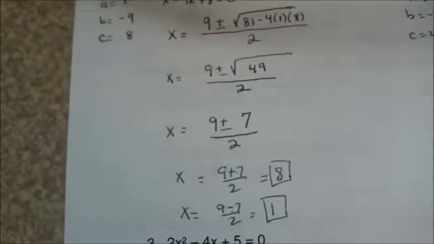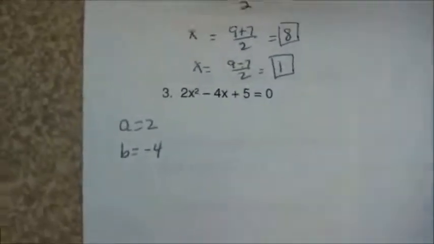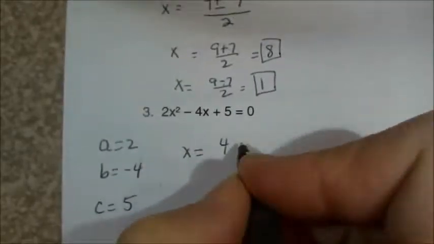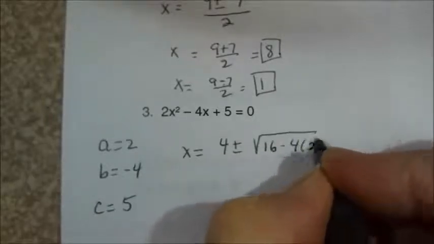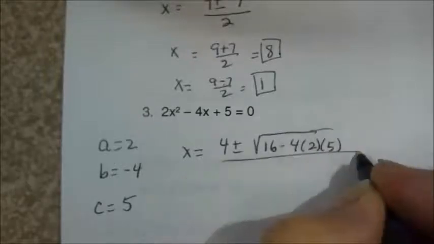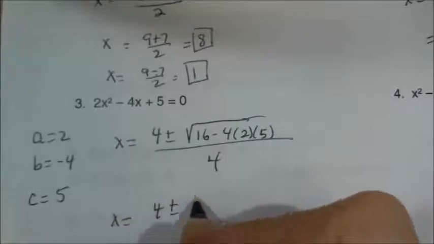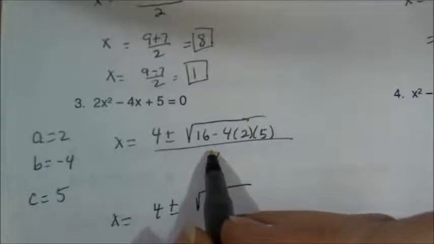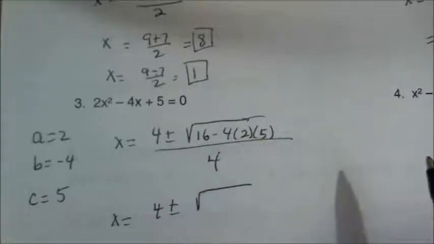Number 3, this is already written in standard form. So A is 2, B is -4, and C is 5. And x equals -b plus or minus the square root of 4 squared, which is 16, minus 4ac, all over 2a. 16 minus 4 times 2 is 8, 8 times 5 is 40.